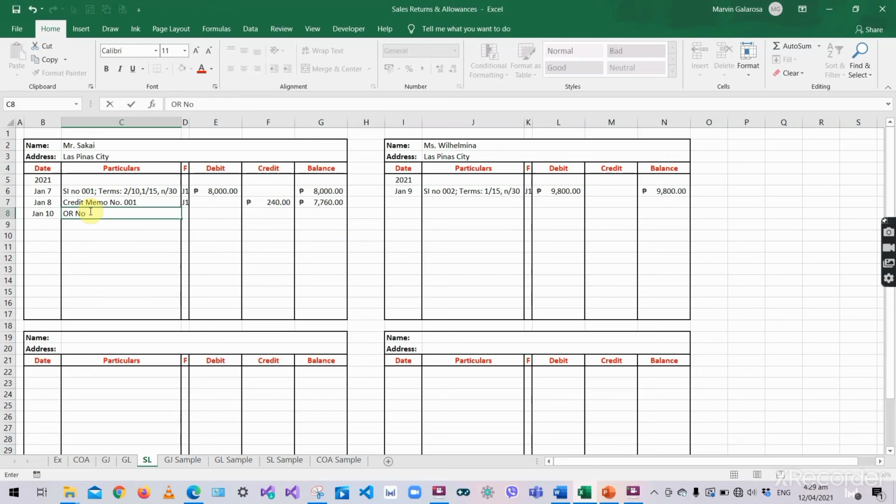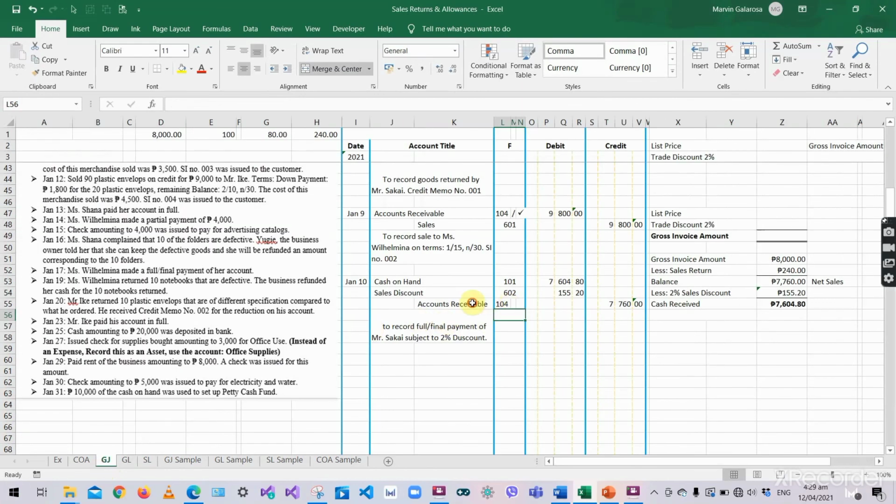OR number, since unang OR to, so 001. Full or final payment. Journal 1. Yung entry natin sa AR, account receivable, is credit na 7,760.